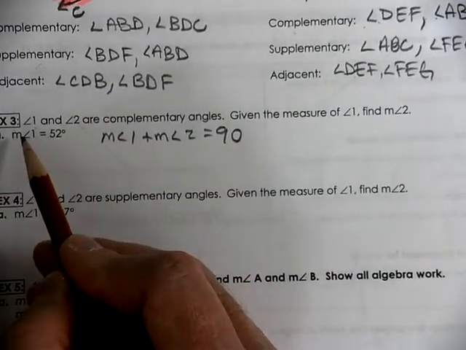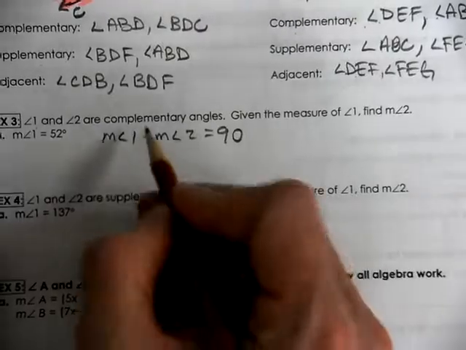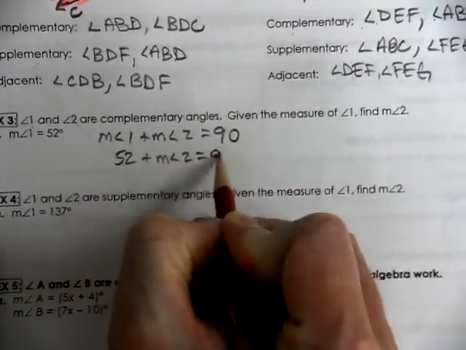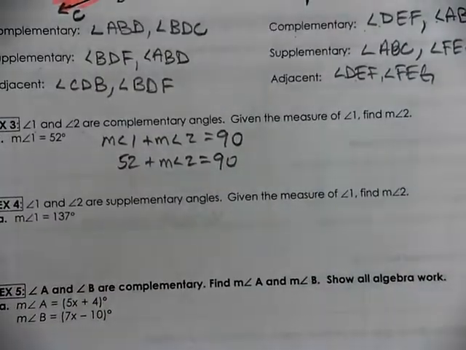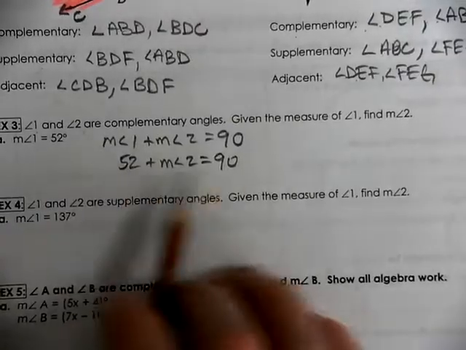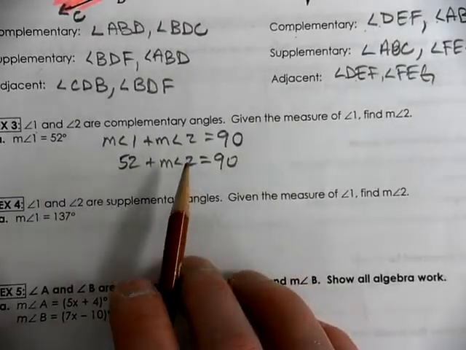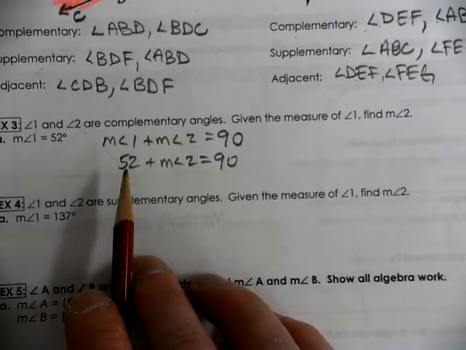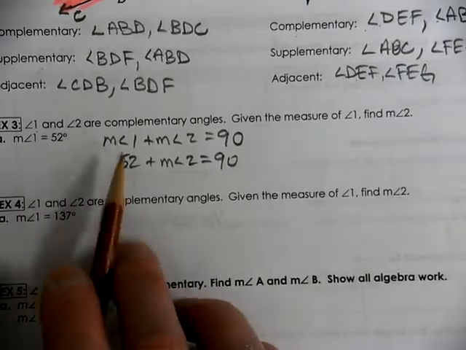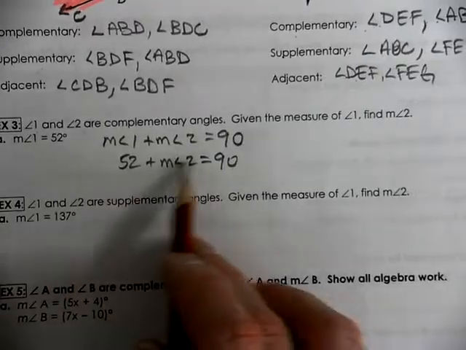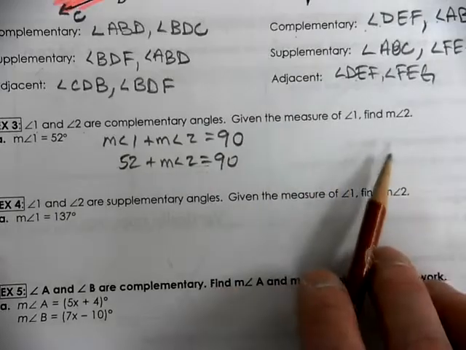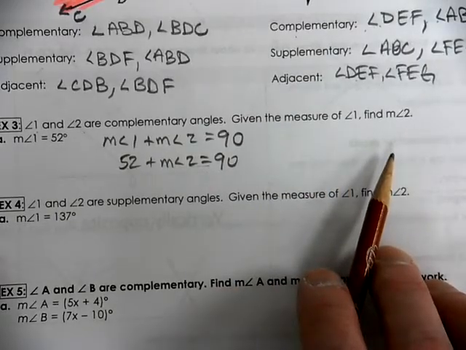Then we're going to plug the measure of angle 1 in. That is called substitution. You had a quiz last week, and it asked you to use substitution, and some people made a mistake and solved it. You told me what angle 2 equaled. Substitution is just plugging the 52 in for the measure of angle 1. If this was a proof, we would give a reason of substitution next to it.